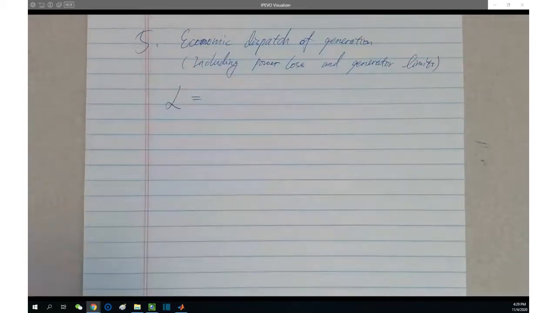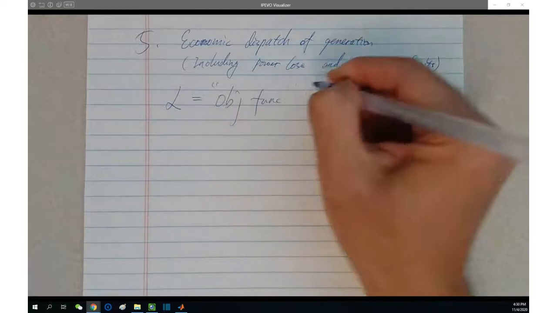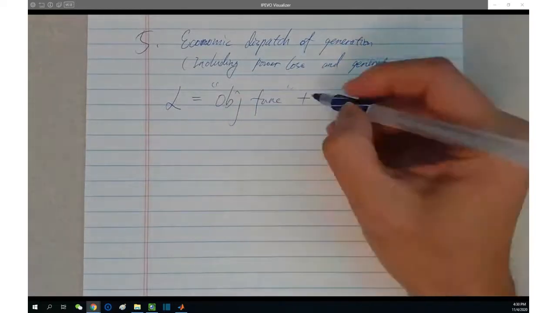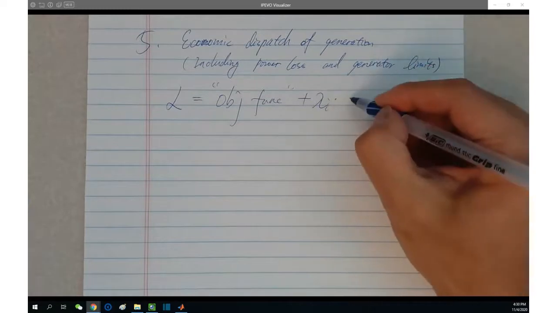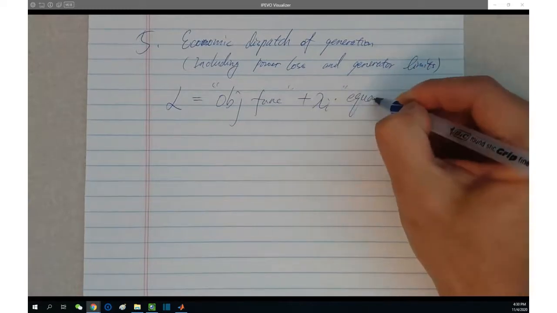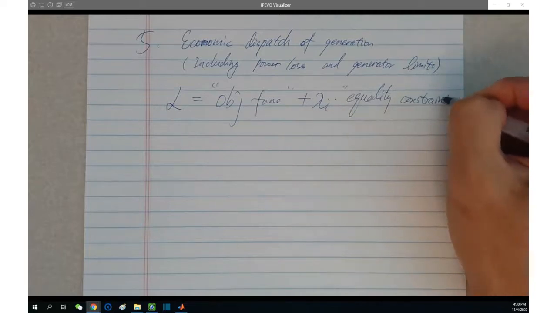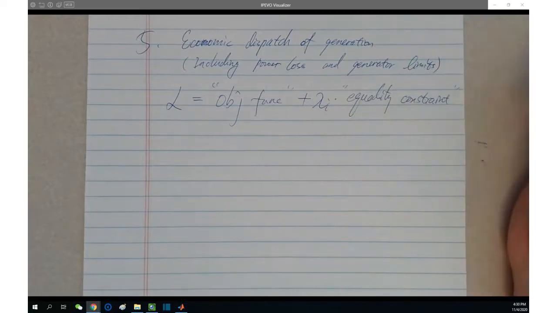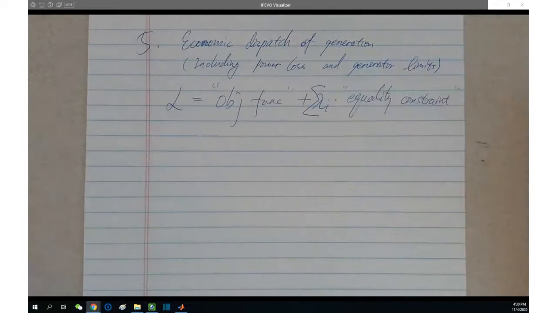Develop the Lagrange multiplier, which equals what? The objective function, plus lambda I times the equality constraint. Actually, we have a summation here because we might have multiple equality constraints.